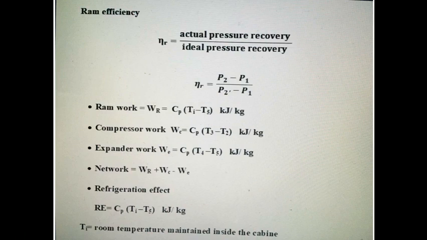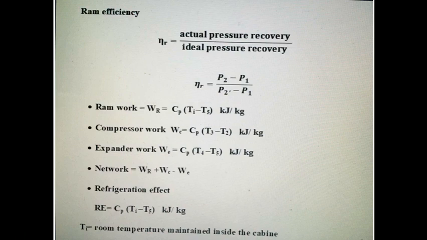Similarly, compressor work is between 2 to 3, so Wc equal to Cp (T3 minus T2), kilojoule per kg. Similarly, expander work, where expansion takes place between 4 to 5, so WE equal to Cp (T4 minus T5).